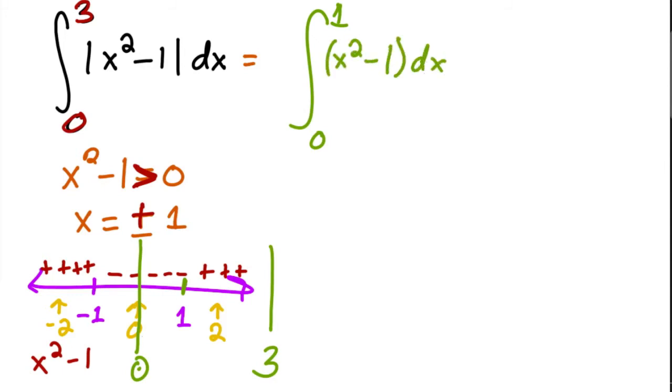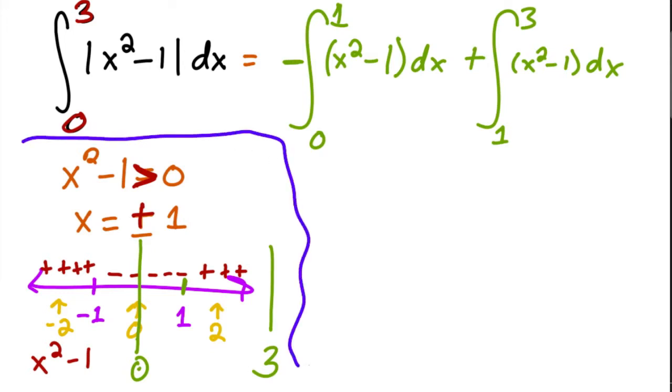This one, since from 0 to 1 it's negative, we're going to multiply that one by a negative. And then from 1 to 3 it's positive, so I'm just going to do from 1 to 3 of positive x squared minus 1 dx. And that's our setup. So it's really important that you get your setup correctly from the beginning.